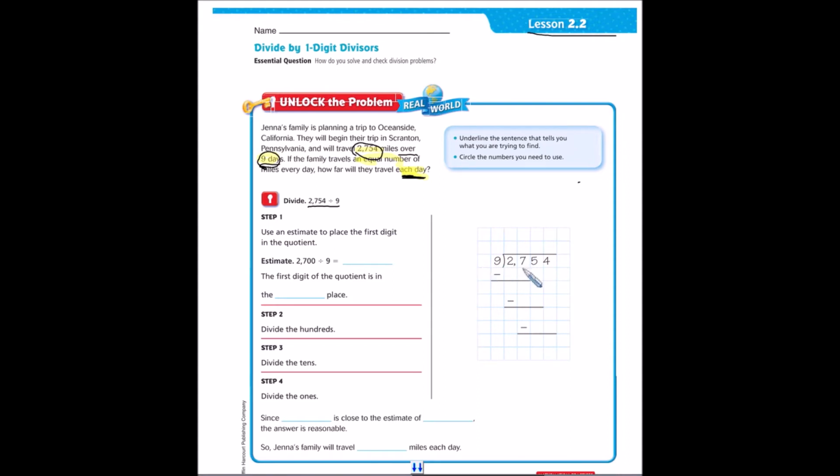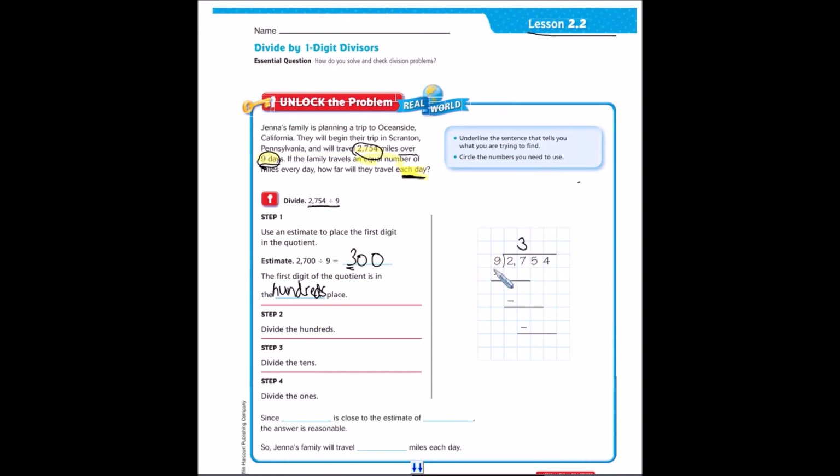So 9 would go into 2,700 300 times. So I'm going to estimate that 2,700 divided by 9 equals 300. So my 3 is going to go in my hundreds place value. So I'm going to start here and I'm going to put my 3.